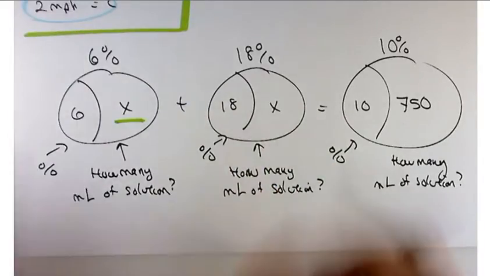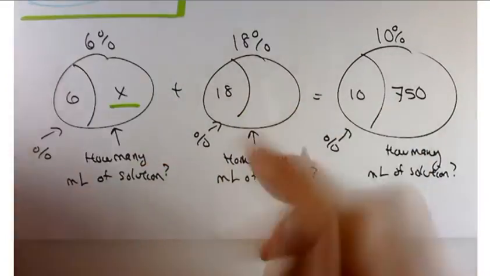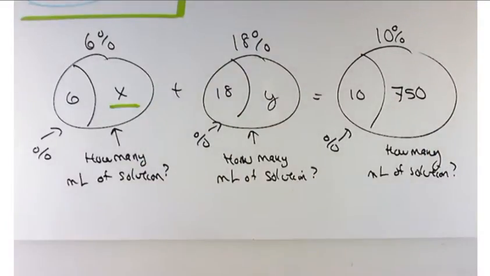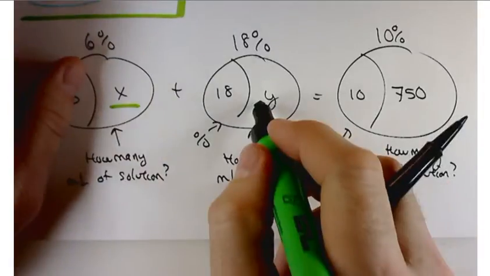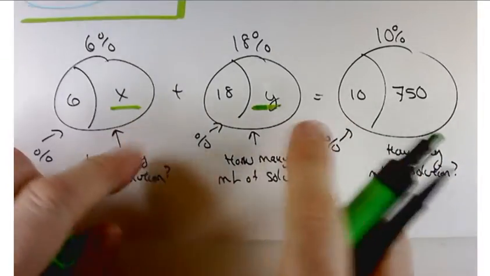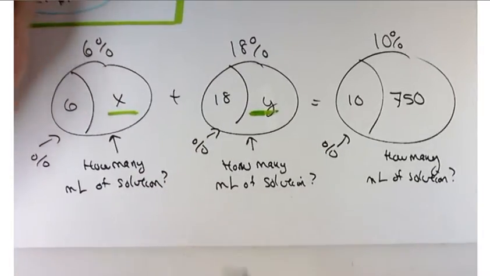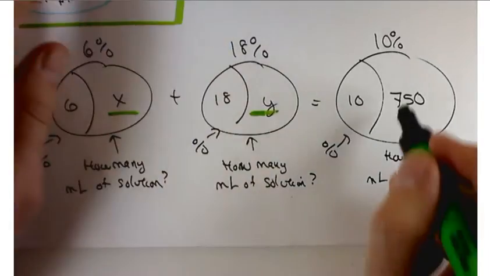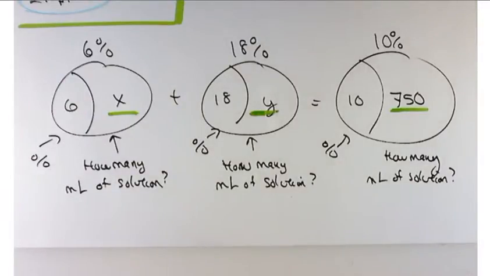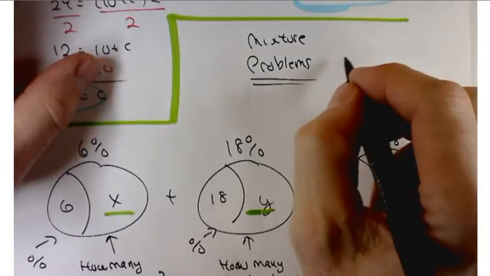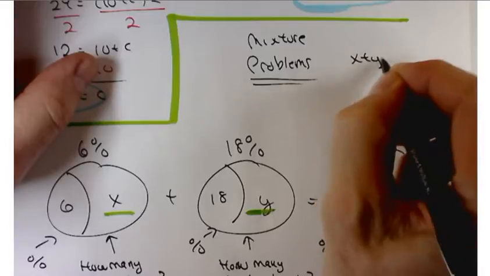This should have been a Y. X plus Y. What does X plus Y have to equal? Good, 750 milliliters. So that's our first equation. X plus Y equals 750.